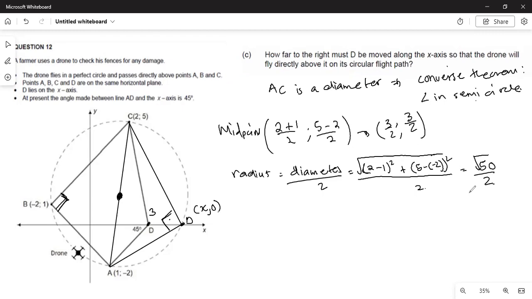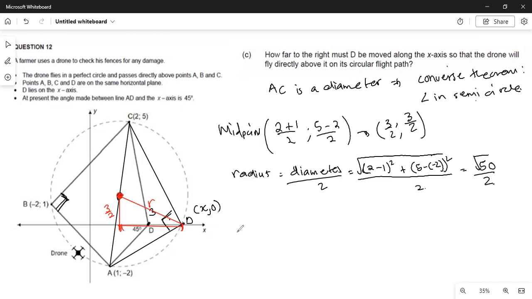We will then create a triangle. The triangle is drawn here, from the midpoint to D. And we already know that that's our radius. Because we know the midpoint, we know that from the point to the bottom part should be 3 over 2. And this would then allow us to calculate this length over here.